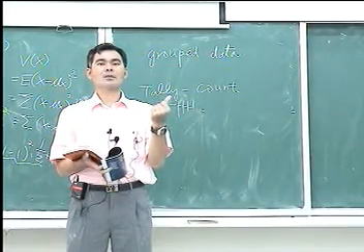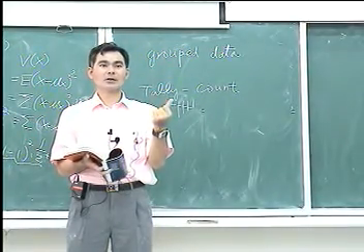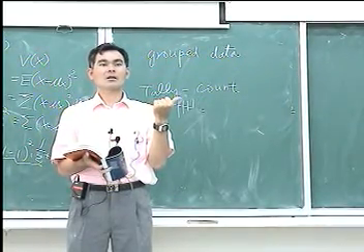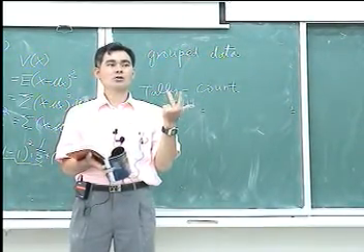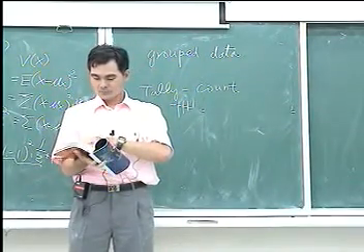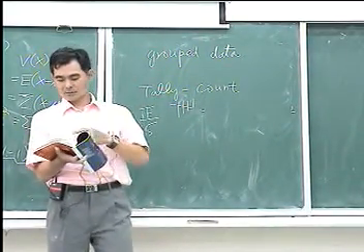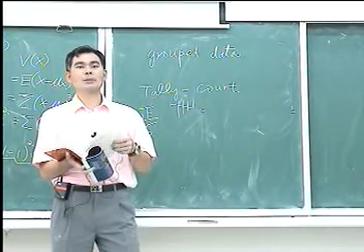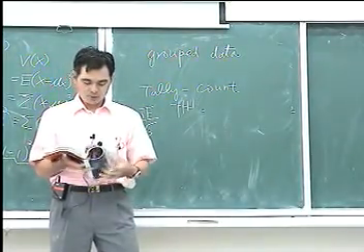Some of the data may be too big or too small, so we cut them. We trim it. That's trimmed mean. And also we have arithmetic mean and geometric mean. So that's measures of central tendency.